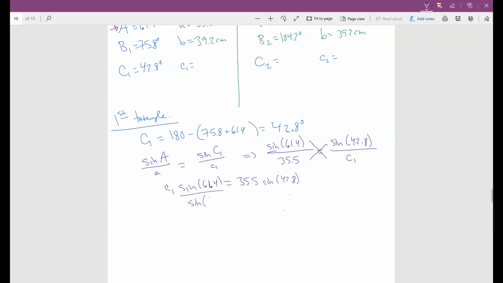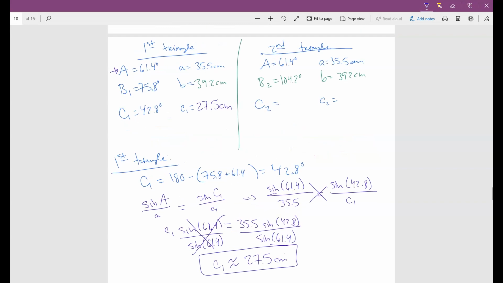So I'm going to divide by the sine of 61.4. So c1 is going to be approximately equal to 35.5 sine of 42.8 divided by sine of 61.4. And what I'm going to get is about 27.5. So this guy is going to be 27.5 centimeters.